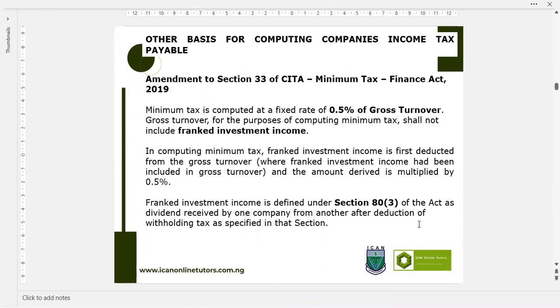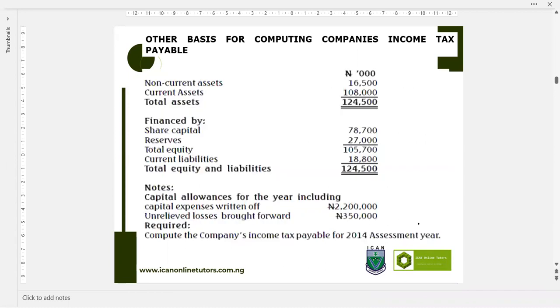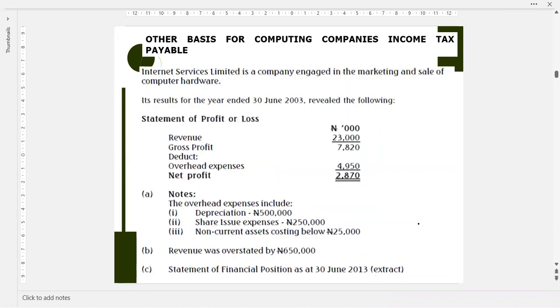Then still on the minimum tax, in line with the Finance Act of 2019. In computing our minimum tax now, what we have to do is apply 0.5% of our gross turnover straight. So if we are using the Finance Act of 2019, to compute our minimum tax is very simple. Let's look at this question. Revenue is 23 million naira.